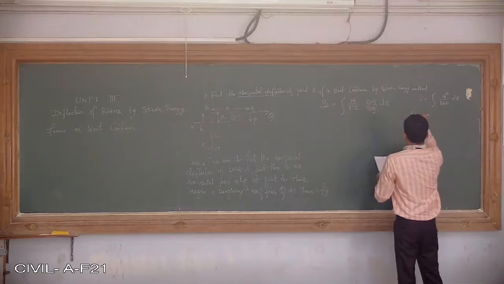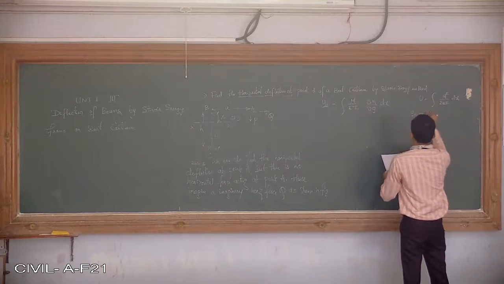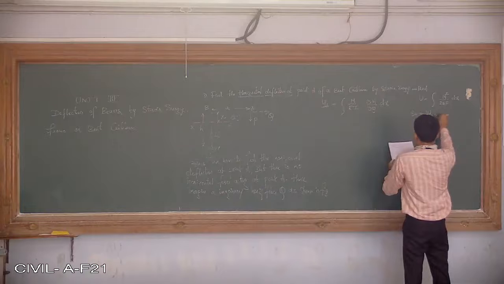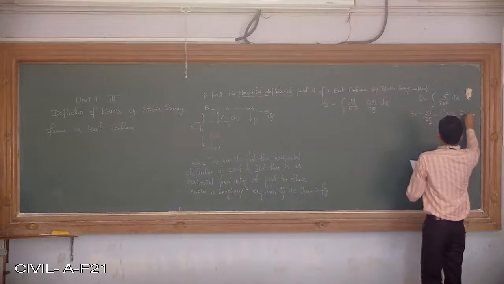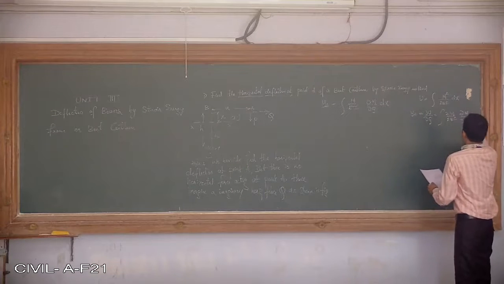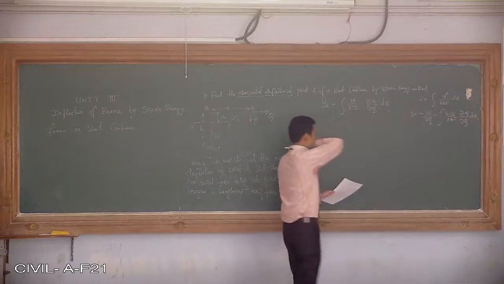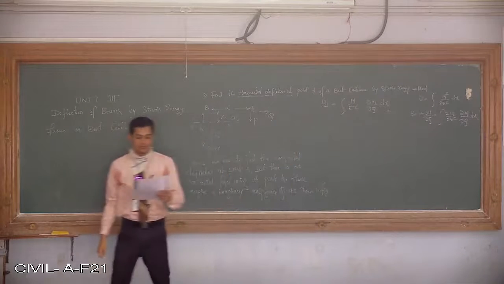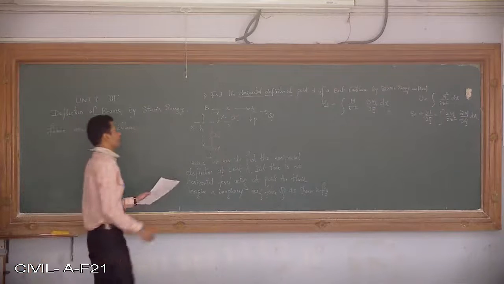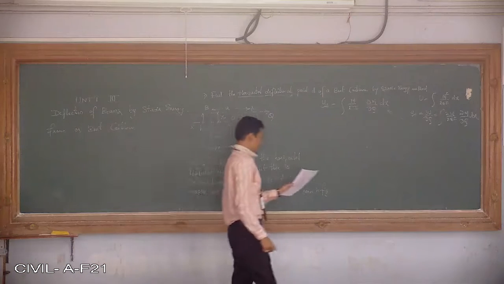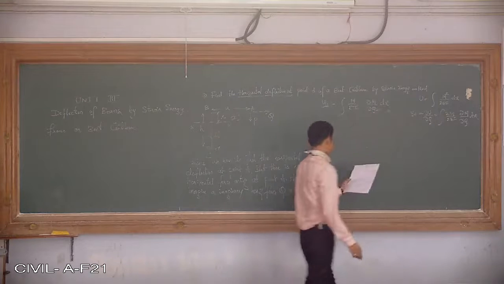So the horizontal deflection, or the vertical deflection whatever, with respect to Q will be the integration of 2M by 2 EI, ∂M by ∂Q, dx. The 2 cancels, and you get y equal to the integration of M by EI, ∂M by ∂Q, dx. So with respect to Q you have to differentiate. Alright, this is very important.